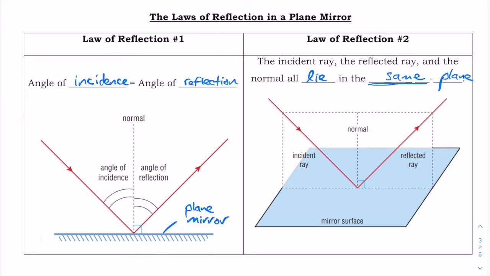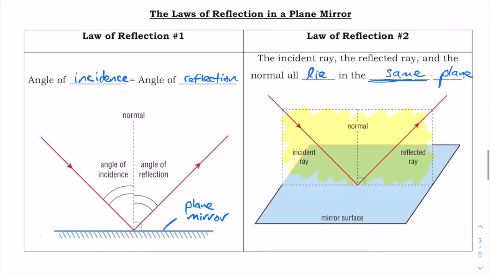Let's take a look. Imagine if this rectangular box was a sheet of paper, then the incident ray, the reflected ray, and the normal all lie on that sheet of paper. That's what we mean by they all lie on the same plane. Okay, so hopefully that made sense, and now we're going to move on to different types of reflecting surfaces.